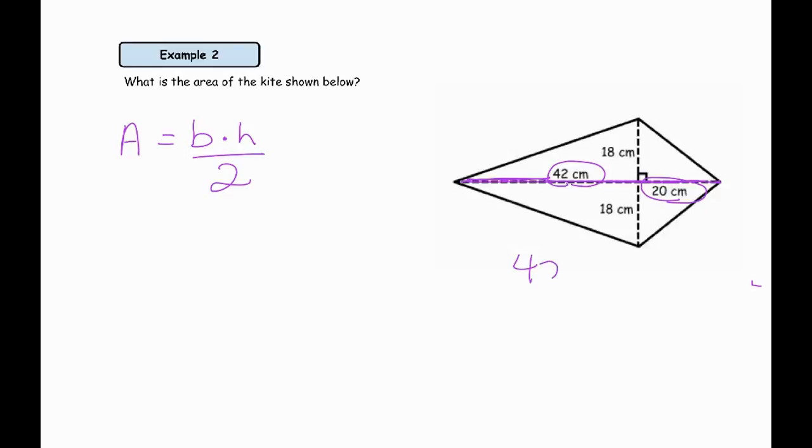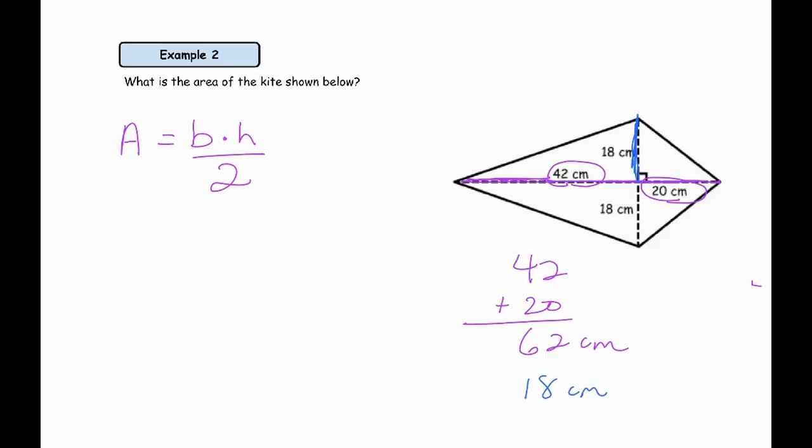So I need to add those two numbers first to see what the length of the base is, and I can see that the base is 62 centimeters. The height, I can see where that right angle is formed with the base, is 18 centimeters.